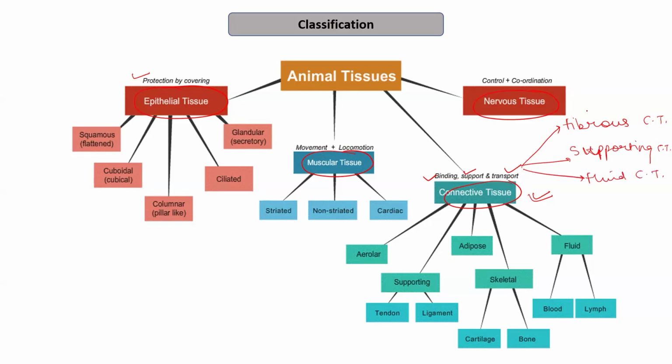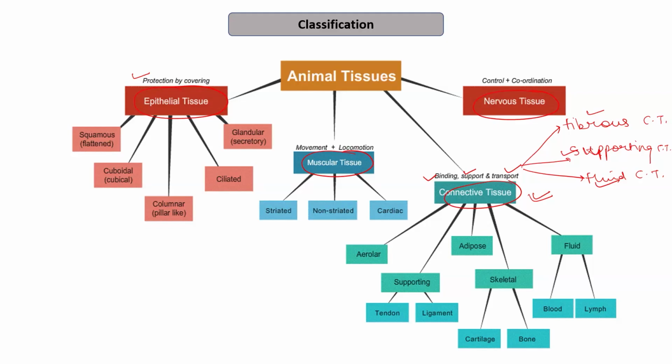So we have fibrous connective tissue, supporting connective tissue, and fluid connective tissue. We will learn the basic characteristics of all these connective tissues, how they differ from each other, and what is the composition of each one of them.